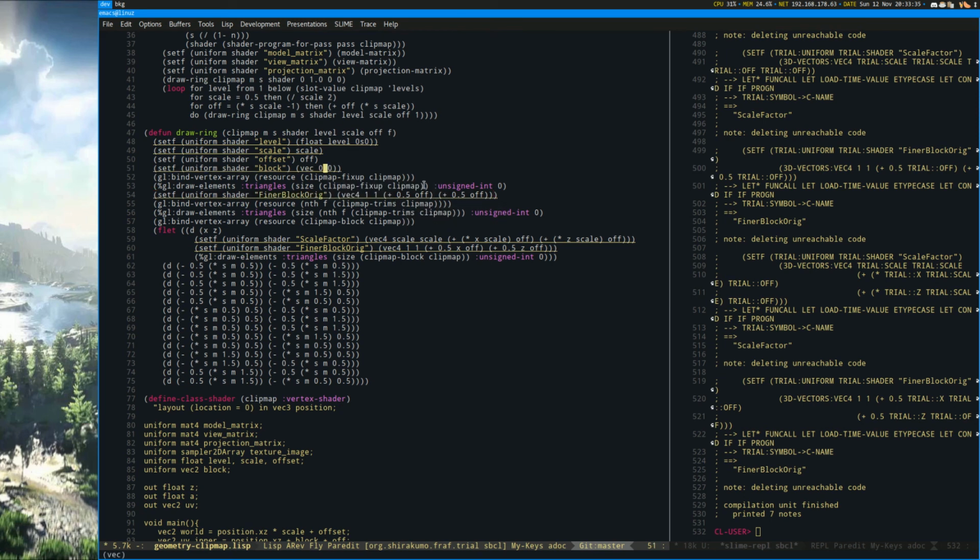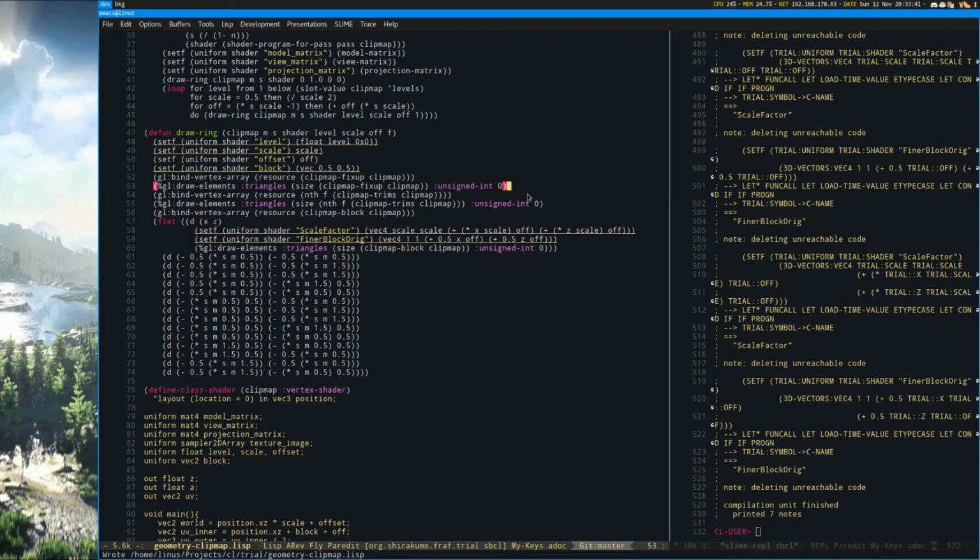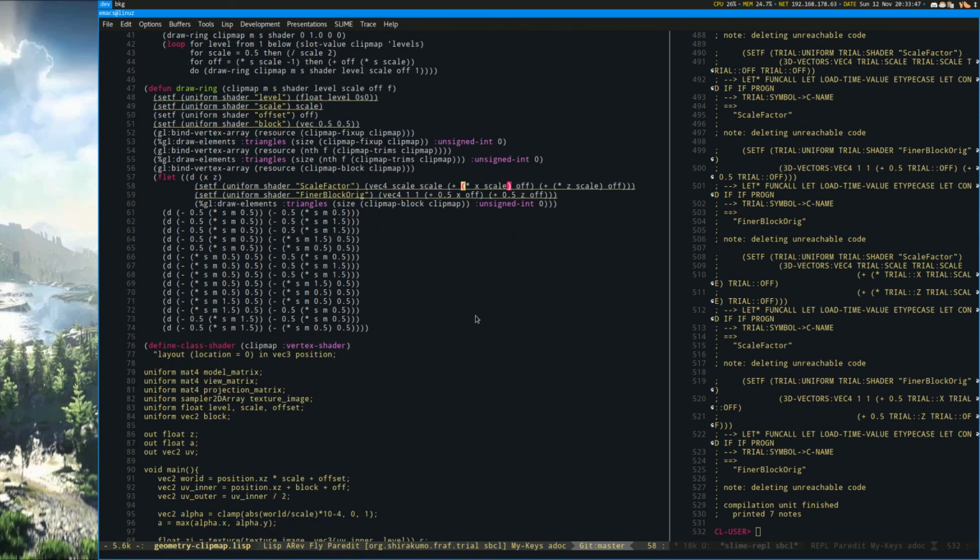So the block should be 0.5 now, I think. Oh boy, we'll see if this checks out for me. Scale factor.